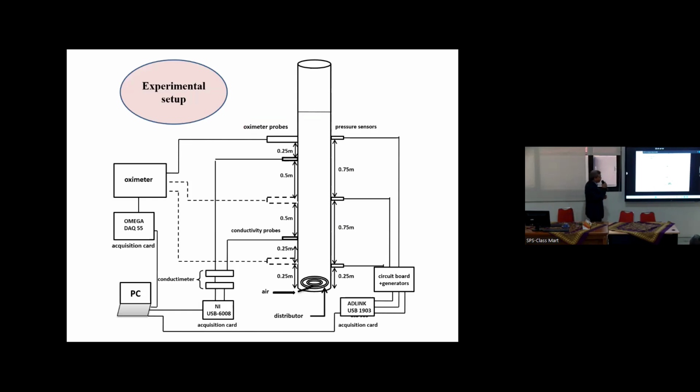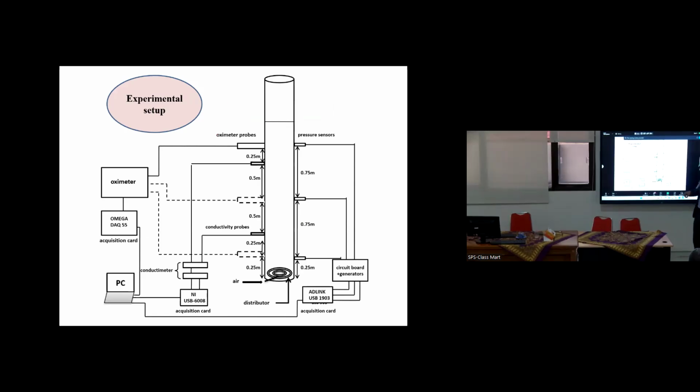This is the apparatus where I put a lot of probes, pressure sensors, to have an idea about the presence of gas in this zone and in the overall zone, so I can know the gas in each zone. I also use a conductivity probe to get an idea about the hydrodynamics by the tracer technique, for example. I also put an oximeter to measure the presence of oxygen, because I use oxygen as the element of mass transfer.